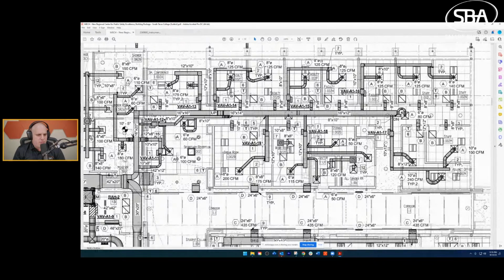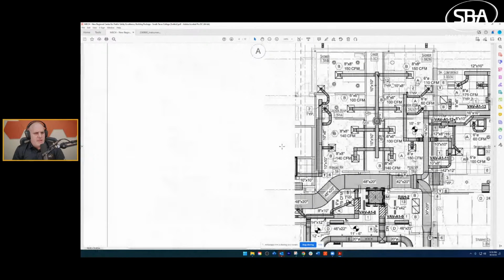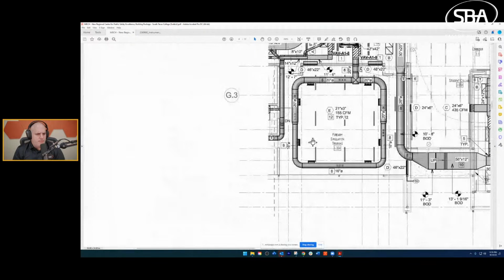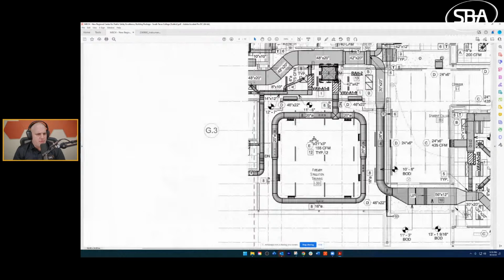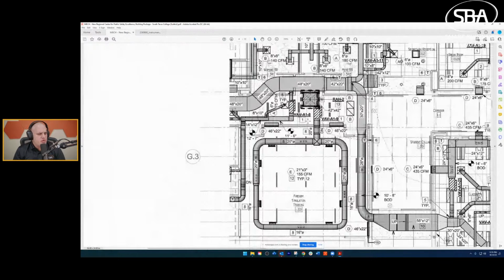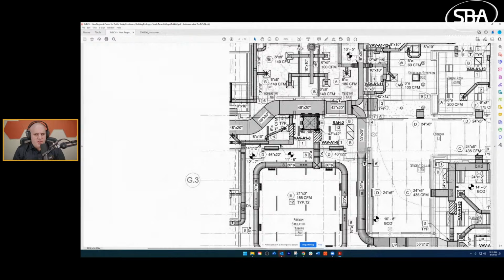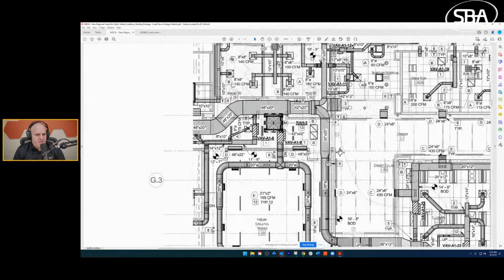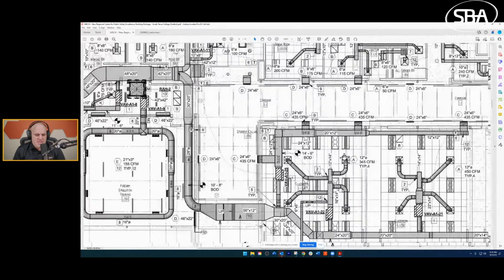I try to find my general mechanical room. And I also try to see, oh, there's something right there that I'm going to potentially need to control. So I'm going to say, oh, well, maybe I'll control this right here with VAV A19's controller. So I'll expand that controller. Now, right now, I'm just trying to get a snapshot.